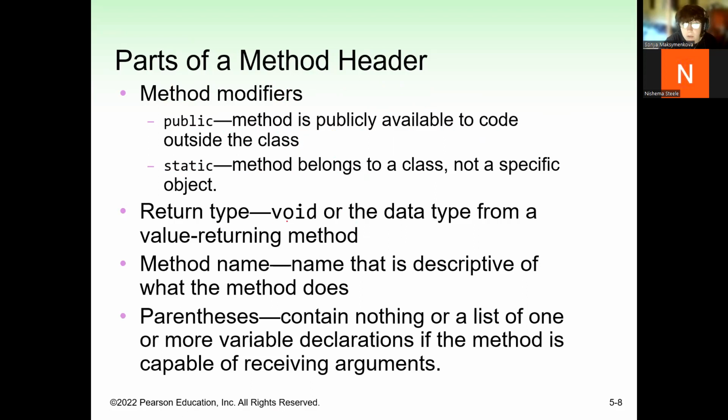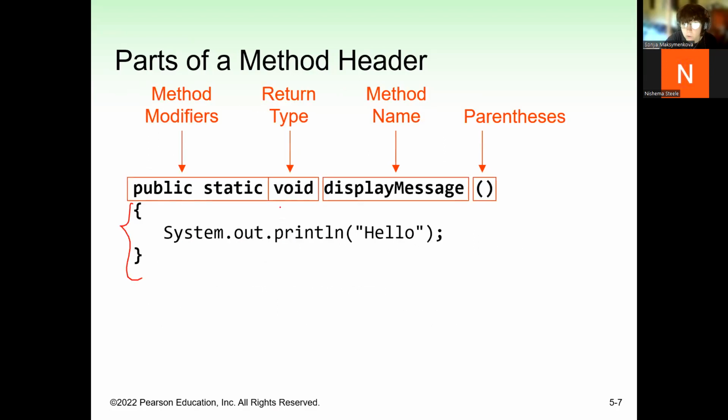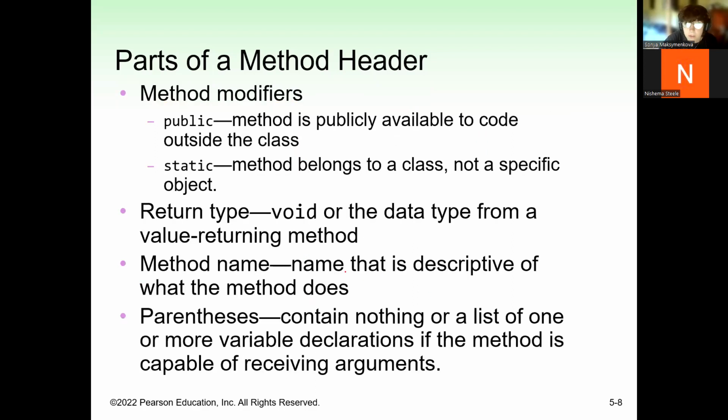Now, return type will be either void or a data type. So string, integer, float, double, remember all of those data types we covered before. Instead of void, you could see integer, for example, and that would mean that your method will return some integer value back to you. Method name, you can put whatever name you want for that method, but it should be descriptive.